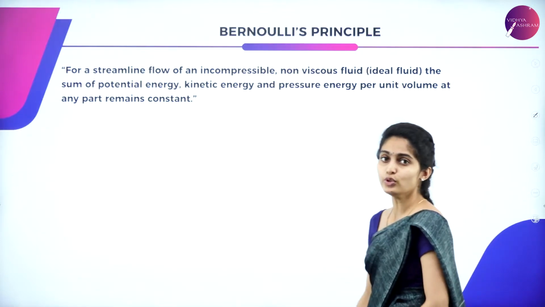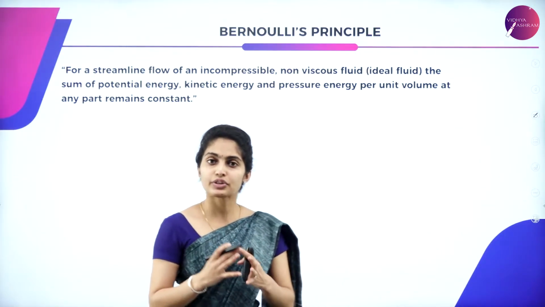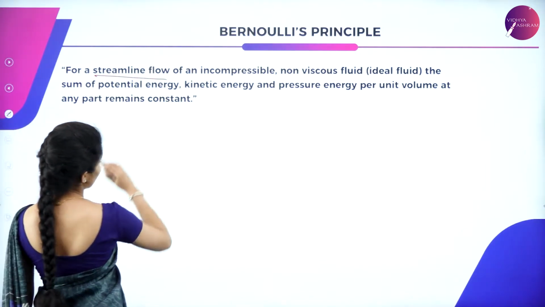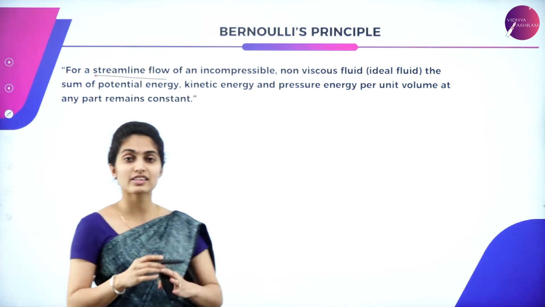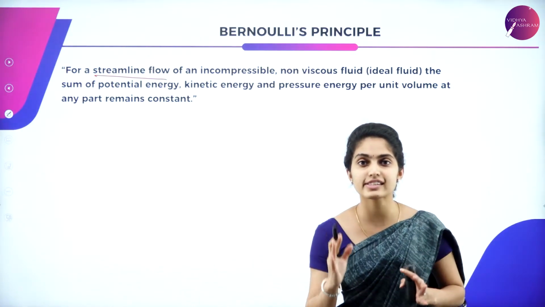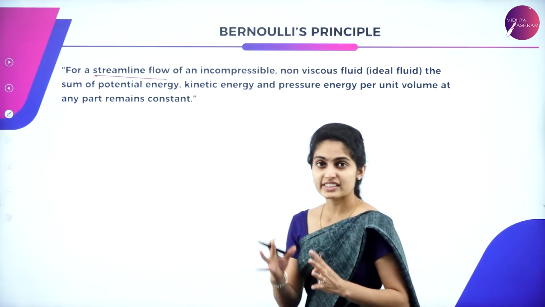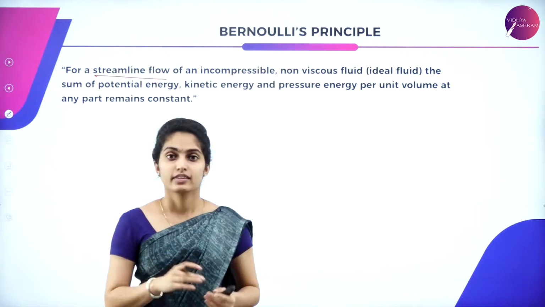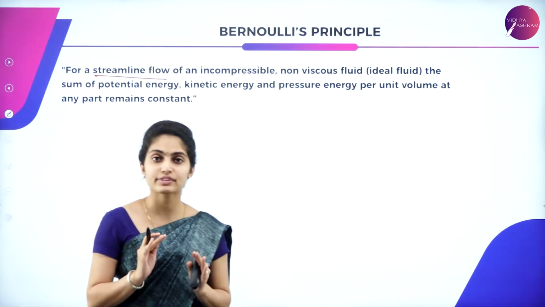Now let us move to Bernoulli's principle. Here we consider a streamline flow, where the flow of liquid is in order. It has a steady flow because its velocity at that point is the same in magnitude and direction. That is why the fluid is said to have a streamline flow.